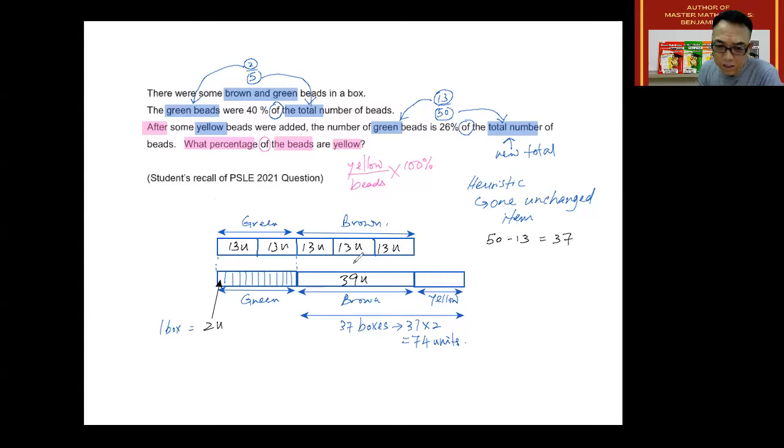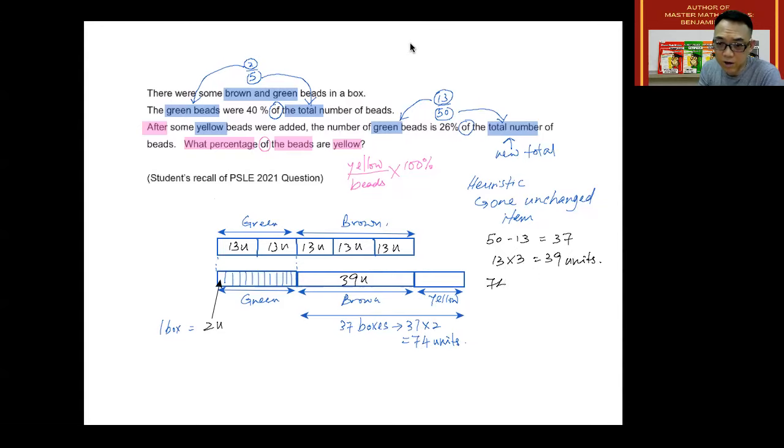If this is 39 units and the total here is 74, then we know that this portion over here is 74 minus 39. So let's write all these things down. So 13 times 3 to get this portion would give us 39 units. We have 74 units here. So we take 74 minus 39.